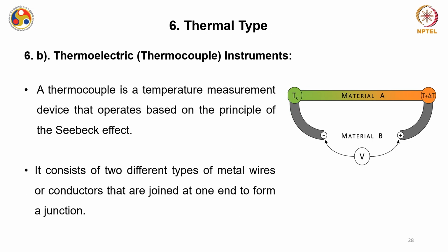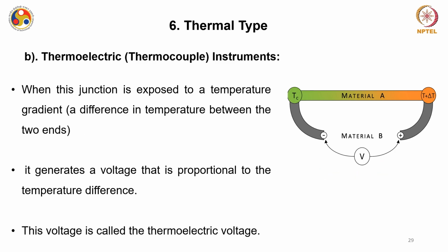So a thermocouple is a temperature measurement device which operates on the principle of the Seebeck effect. It consists of two different types of metal wires or conductors that are joined at one end to form a junction, something like this, as I have already mentioned. When this junction is exposed to a temperature gradient, it generates a voltage which is proportional to the temperature difference, and this voltage is known as the thermoelectric voltage.